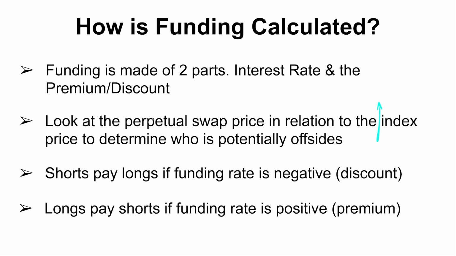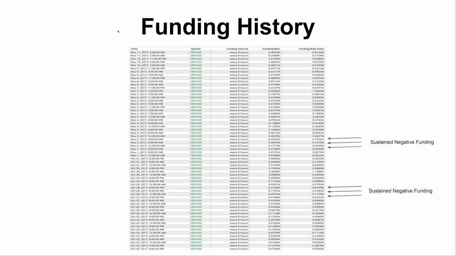Well, that's a premium. It's when you're getting those big discounts and big premiums that you're going to start to see how this is going to help. I'm going to show you right here. This is funding history, and this is a look back in time. We can see based on the dates and the times, and we can see our XBT USD, the symbol, so we know that we're looking at the perpetual swap for Bitcoin.